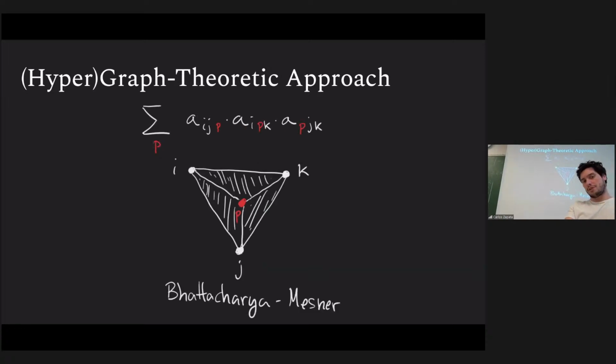And then the one that perhaps gets the most attention, at least in today's session, is the so-called Bhattacharya-Mesner. Bhattacharya and Mesner wrote a paper in 1990 where they identified a ternary associative scheme, as they called it, which is essentially a ternary relation on a set. Or rather, it's not a ternary relation, but an operation on ternary relations on a set, and it was defined precisely by this formula.